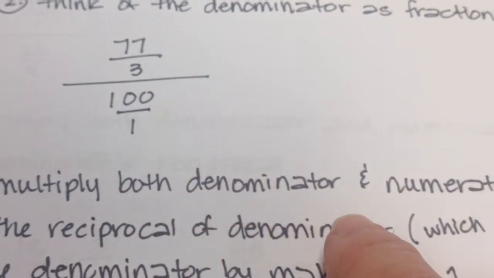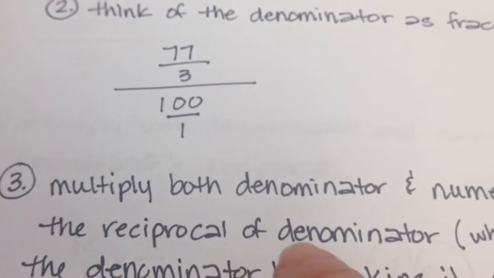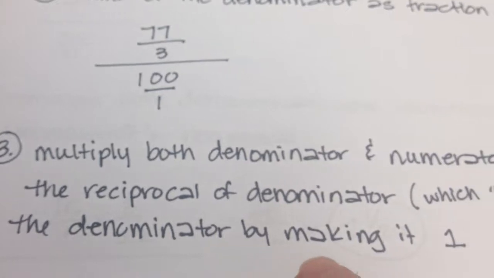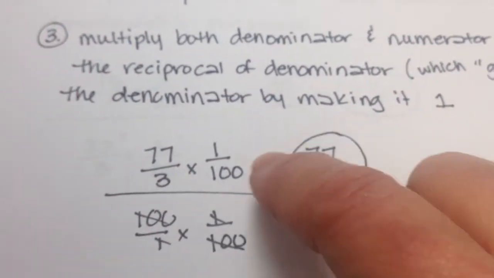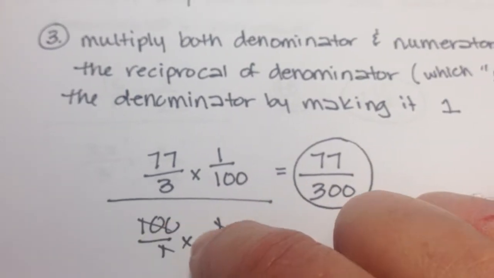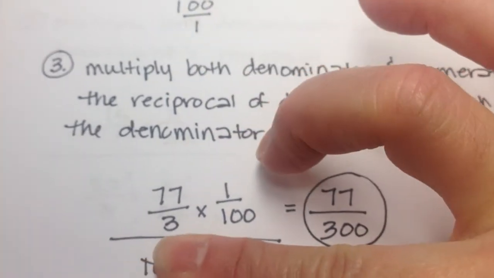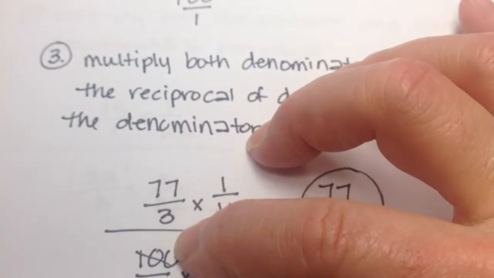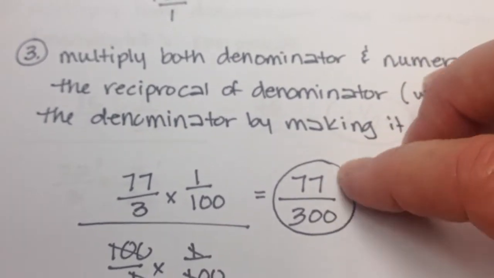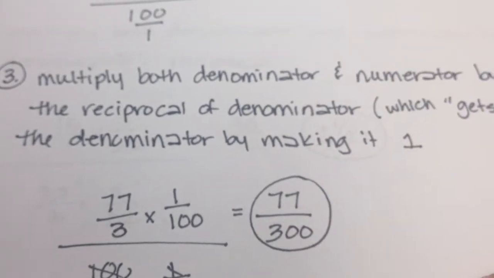Now we're going to multiply both the denominator and the numerator by the reciprocal of the denominator, which gets rid of the denominator by making it 1. So here we go. 100 over 1 times 1 over 100, the reciprocal. Now that's gone. It's just a 1. But I have to do the same thing up here. So 77 over 3 times 1 over 100 equals 77 over 300. This particular fraction I cannot reduce, so that is my answer.